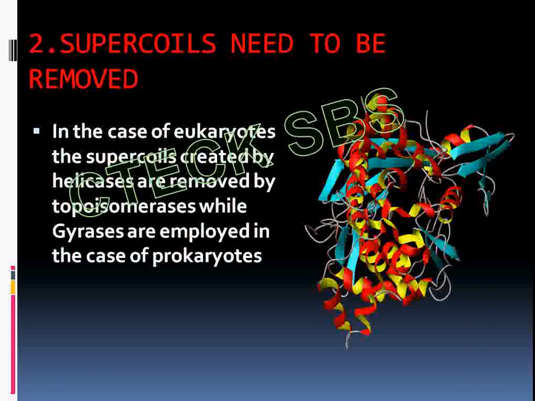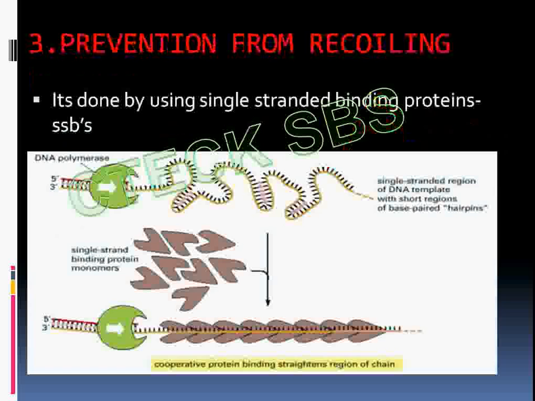Now, of course, if the helix is unwound, like a spring for example, then a supercoil is formed. So that supercoil needs to be removed. Similarly, when a helical DNA is unwound, the supercoils are formed naturally. So these are removed by the use of topoisomerases in the case of eukaryotes and gyrases in the case of prokaryotes.